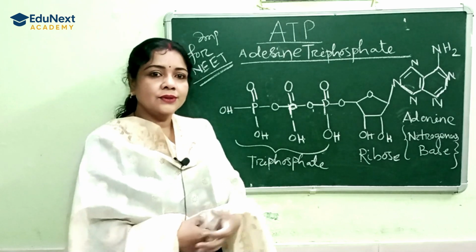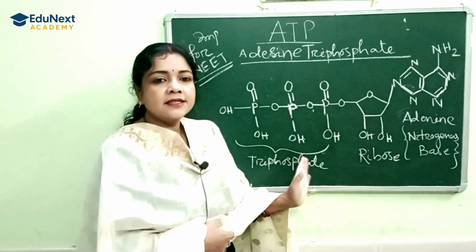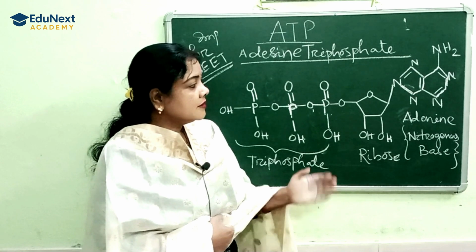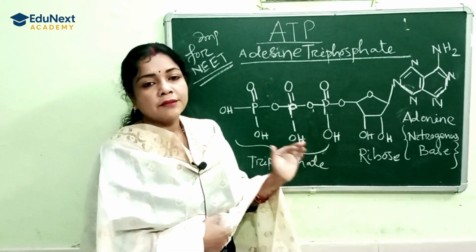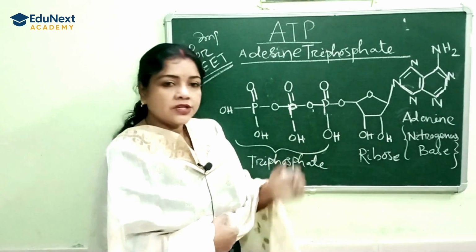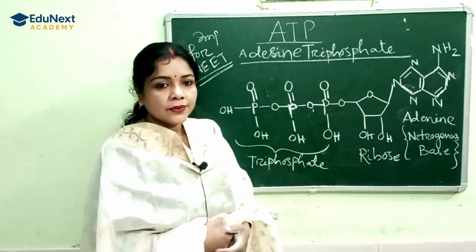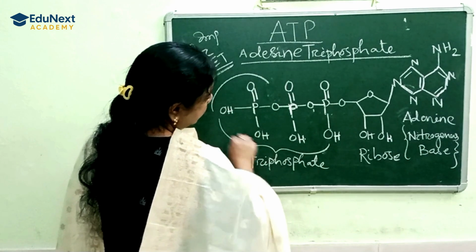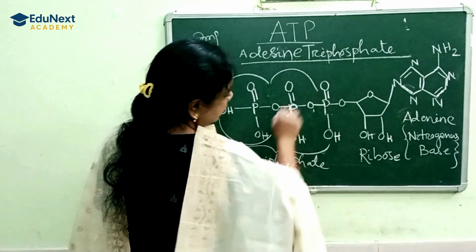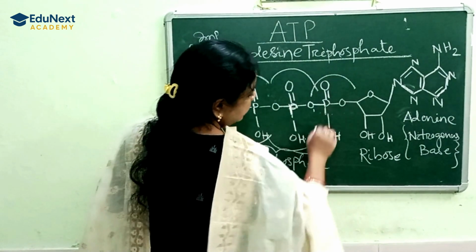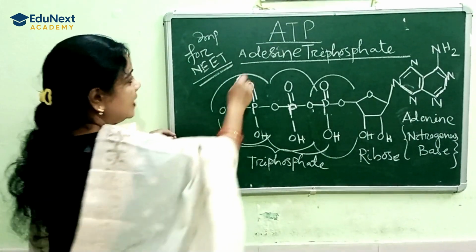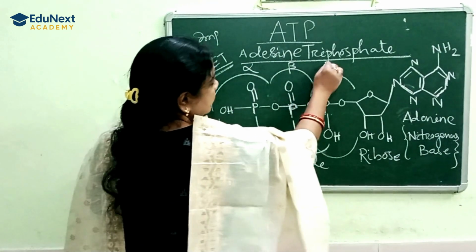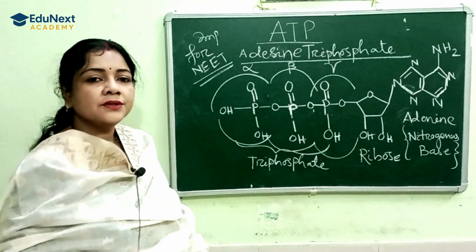So basically this particular chemical structure is ATP. It contains triphosphates, meaning alpha phosphate, beta phosphate and gamma phosphate. Alpha, beta, gamma. Three phosphate groups are there.